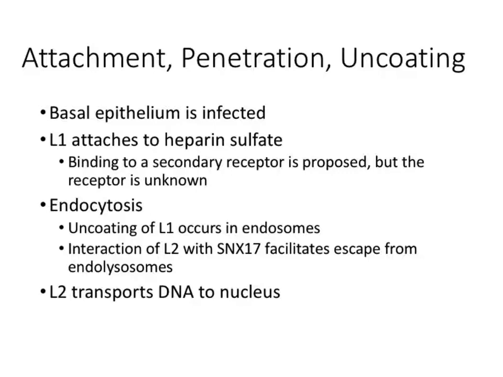The full name of this protein is sorting nexin 17. It should have no meaning whatsoever to you, but the sorting indicates that it has some sort of role in identifying where that endosome is releasing material. Basically, L2 interacts with this and allows it to escape the endolysosome so that the pH doesn't destroy the DNA.